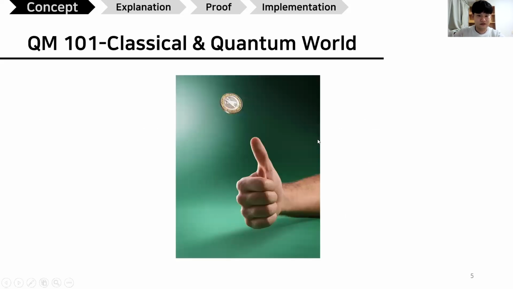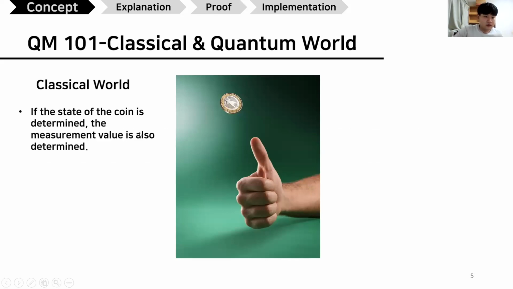I think most of you have taken a quantum mechanics class, but some of you are not familiar with this concept. So I prepared the basic concepts of quantum mechanics. Let's think about a coin toss. In the classical world, if the state of the coin is determined, the measurement value is also determined.